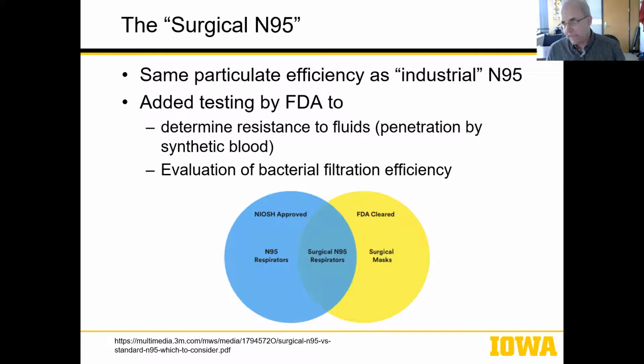It's that square rectangular looking thing that allows some filtration but also resistance to fluids. And then on the flip side is the N95, which they didn't care about fluids. As a matter of fact, it's not even very good for oily things, as I talked about. And then the surgical N95 is kind of taking on both of those processes together.